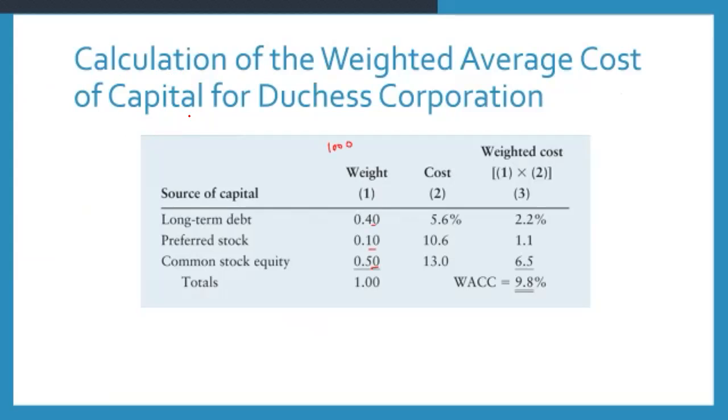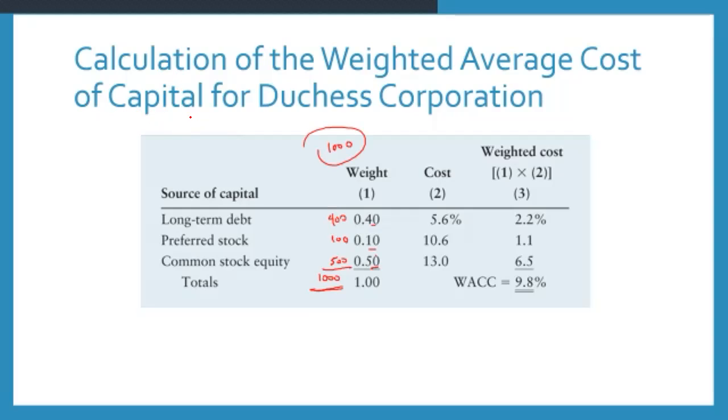It just means that 40% of this will be 400, 10% will be preferred stock, and 500, right, will make up the 1,000. That's what they mean, right? So it's a percentage of how much money they're trying to raise. For simplicity, I put 1,000, but it's usually large amounts, right? So the weight is the percentage of financing or source of capital.